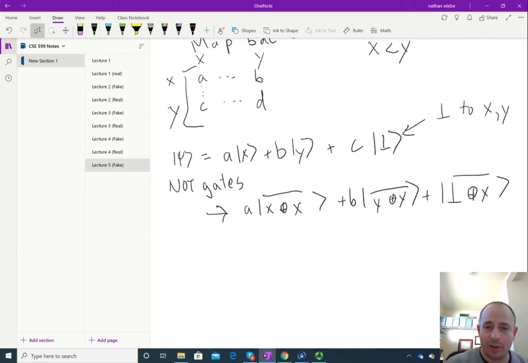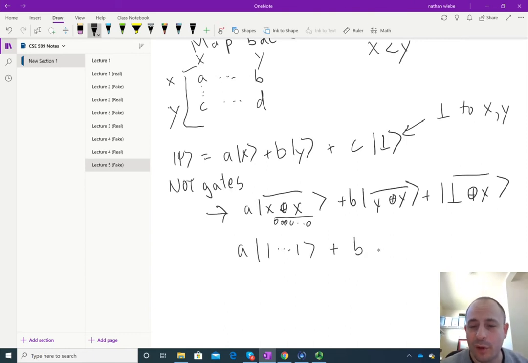In this particular case, X XOR X will be 0, 0, 0, and so on, but we're notting it, so we'll have 1 all the way down. For the others, I don't know what they could be, so I'll just leave them as is for the moment.